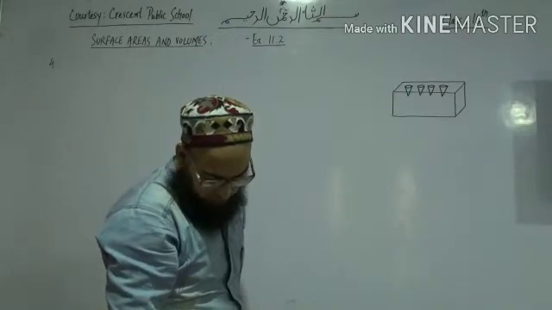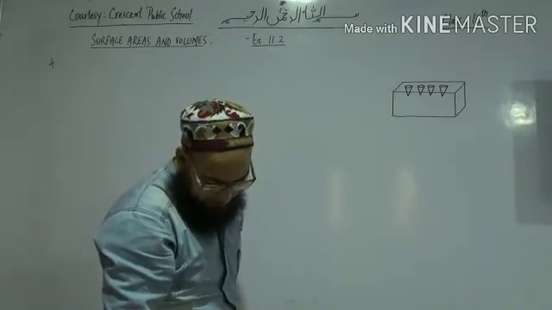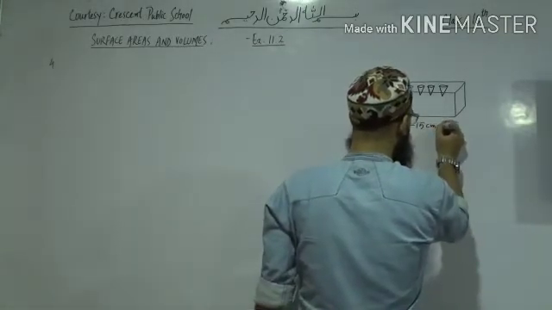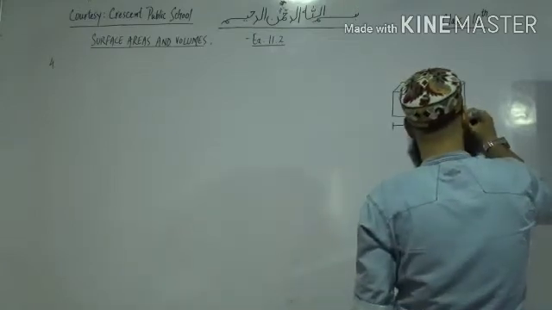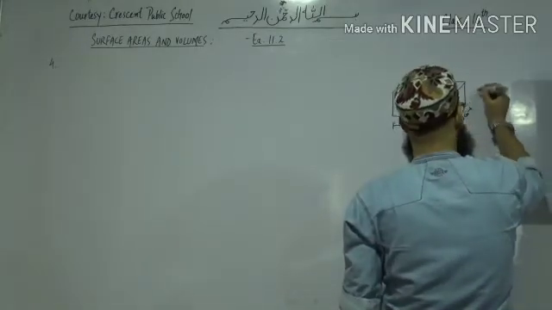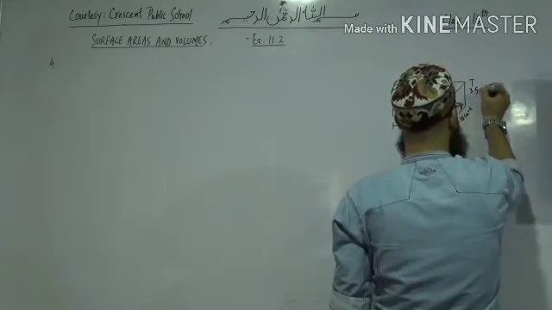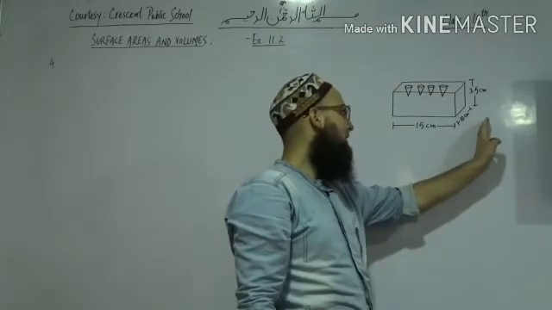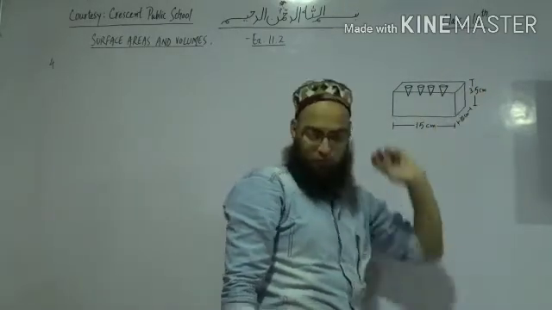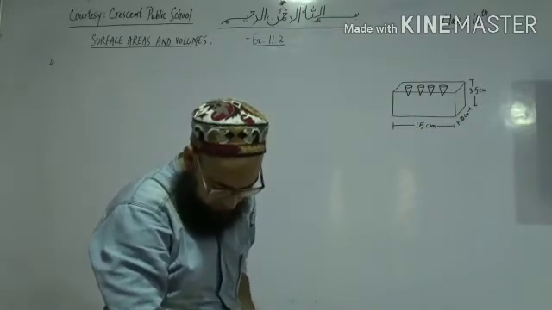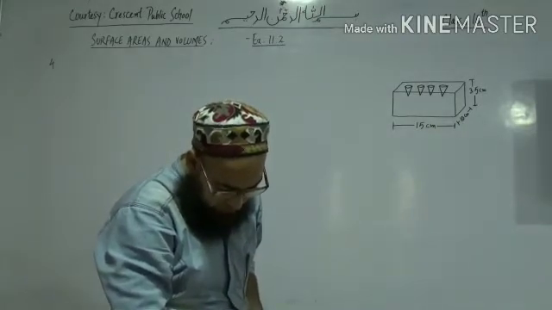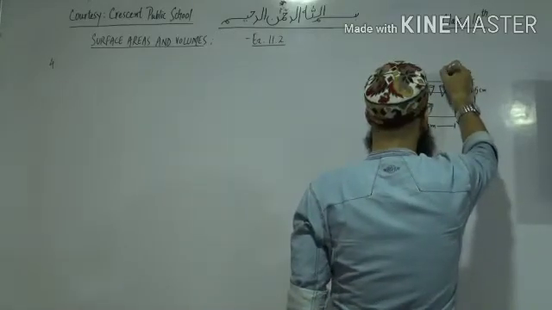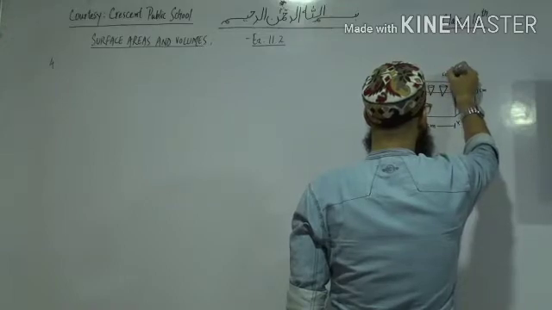The dimensions of the cuboid are 15 centimeter by 10 centimeter by 3.5 centimeter. That means length, breadth and height are 15, 10 and 3.5 respectively in centimeters. The radius of each of the depressions is 0.5 centimeter.